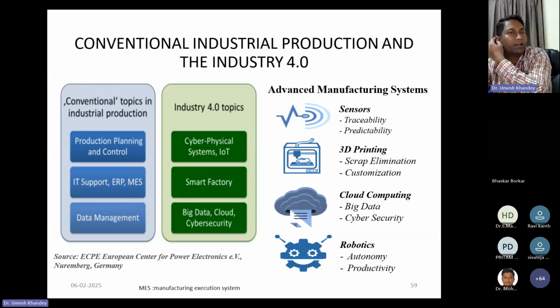So, conventional industrial production and Industry 4.0. Conventionally, in the previous stages of the production industry, we generally looked at production planning and control and IT support like ERP and MES, the manufacturing execution system, which is generally for tracking and tracing your processes, objects, and stages. Then data management.